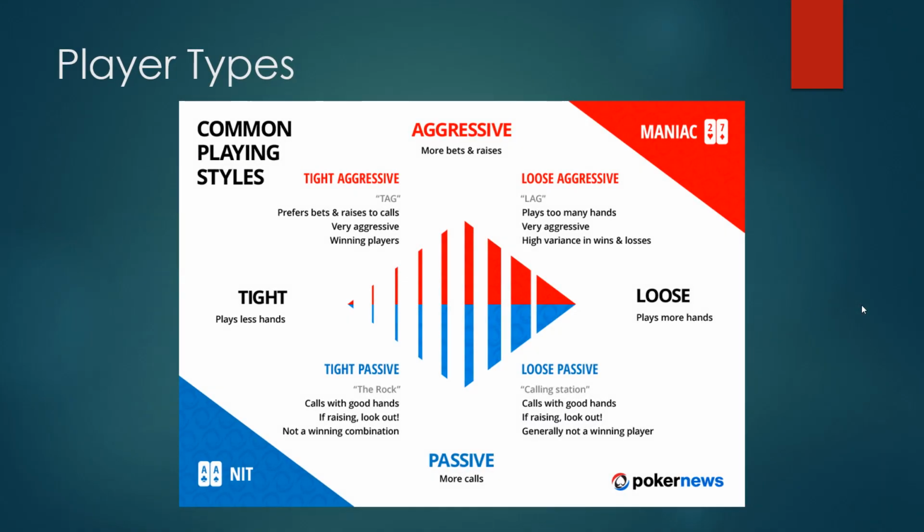So there are a lot of player types in poker, and only a couple types tend to be winning players. I tried to relate this to real estate players. Up here you've got aggressive players, down here you've got your passive players. In poker, being aggressive tends to make you more money than being passive. Being passive is like someone bets and you just call their bet, you never raise.